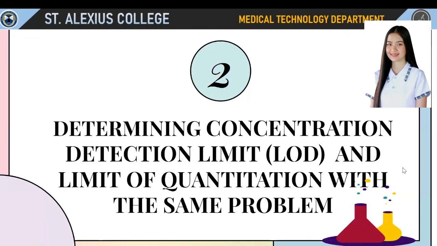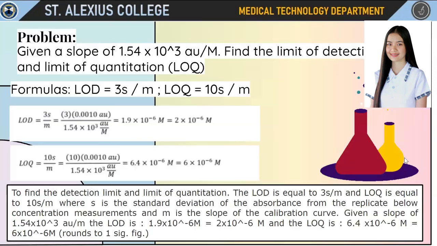Sample problem number 2: determining the concentration detection limit, or LOD, and limit of quantitation, or LOQ. The problem goes like this. Given a slope of 1.54 times 10 to the third absorbance unit per molarity, find the limit of detection and limit of quantitation.